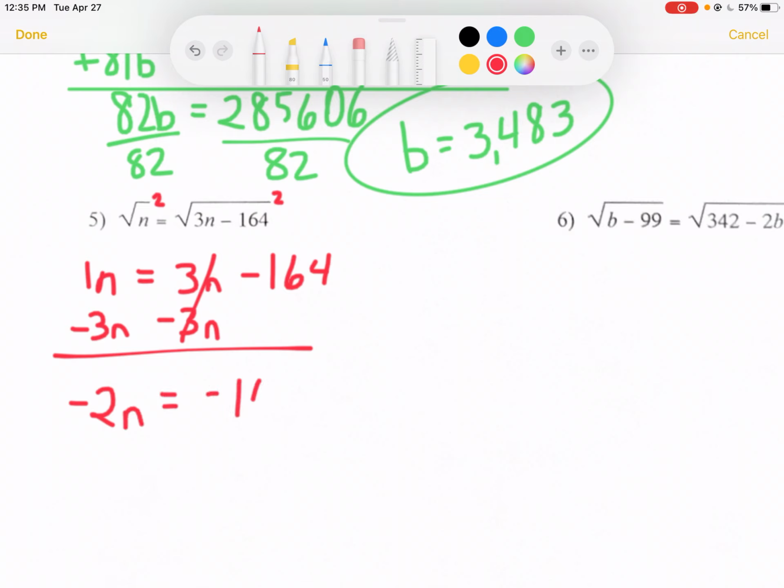And that equals negative 164. So, last step, divide by negative 2. n equals 82.